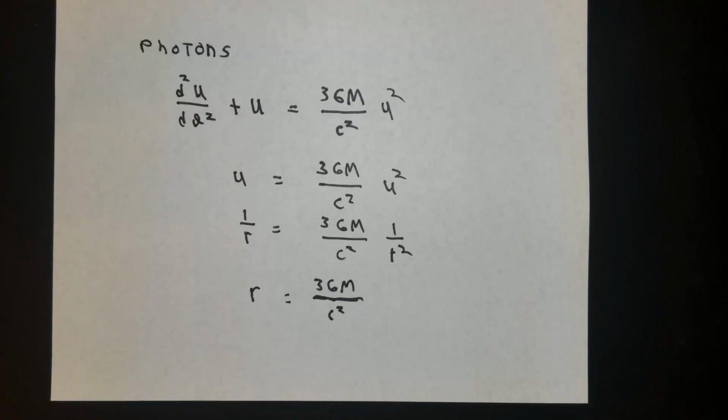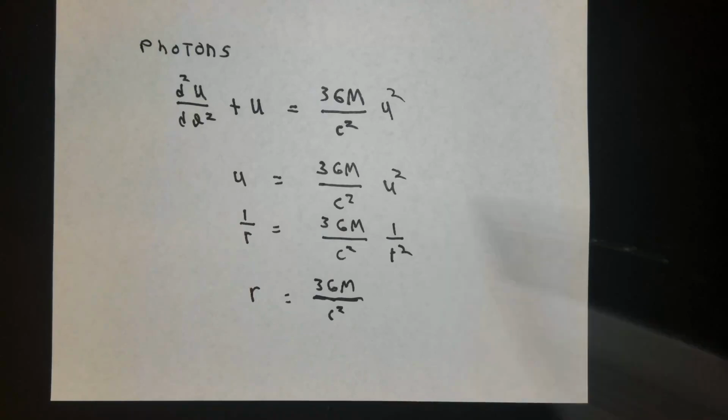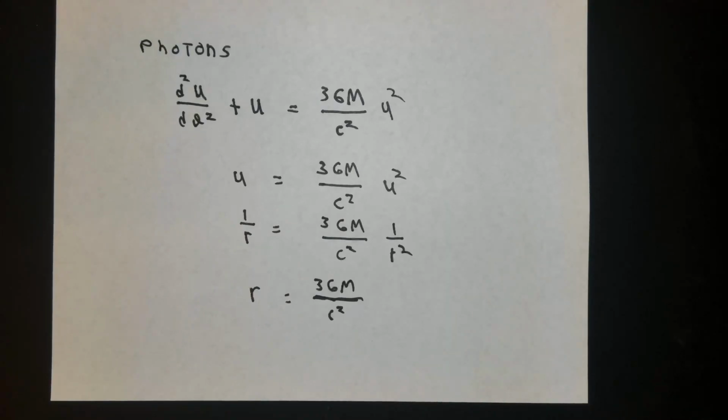That would mean that u is constant, du d theta, also the second derivative of u with respect to theta would have to be 0, leaving us with this equation, which, if you write in terms of r and multiply through by r squared, tells you that r must be 3GM over c squared. That's the radial coordinate value of the new and different circular orbit for a massive particle.